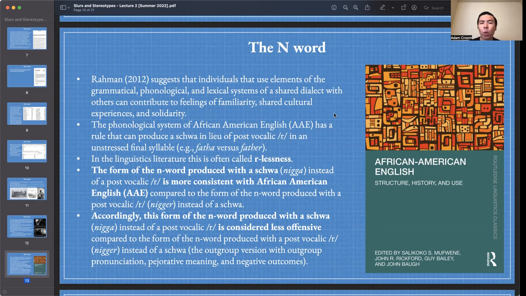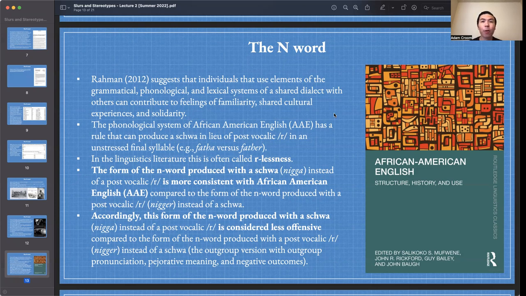The form of the N-word produced with a schwa instead of an R is more consistent with African American English compared to the form of the N-word produced with an R. Accordingly, this form of the N-word is considered less offensive compared to the form produced with an R, which is the out-group version, with out-group pronunciation, pejorative meaning, and negative outcomes.